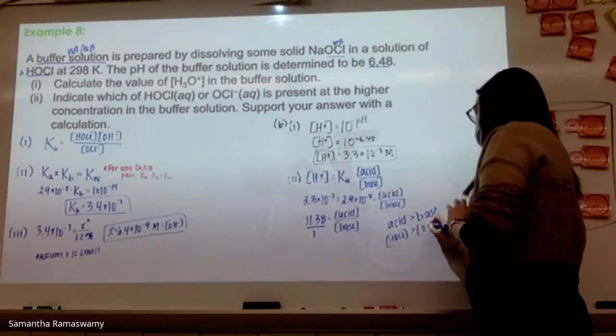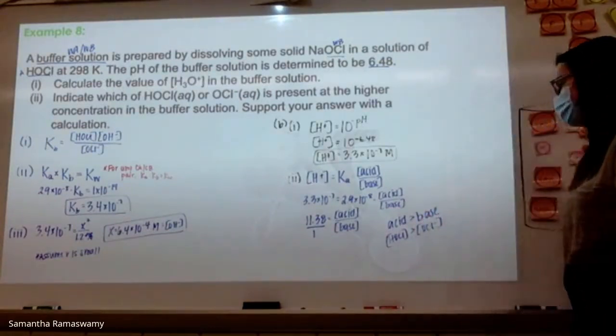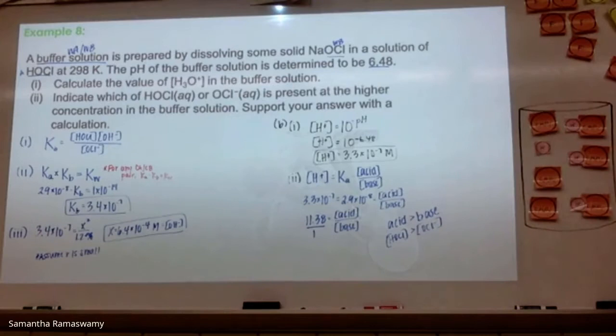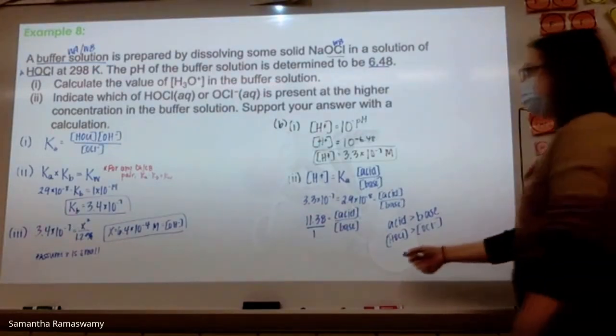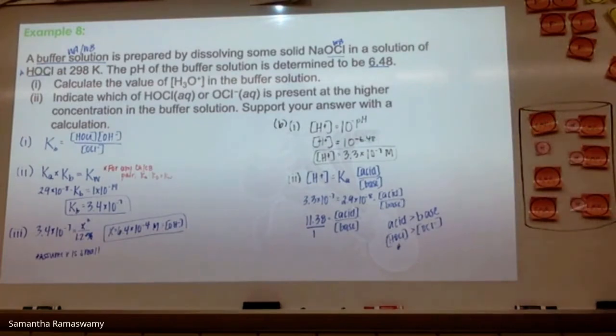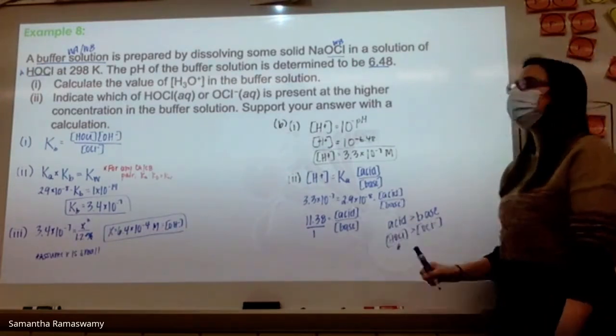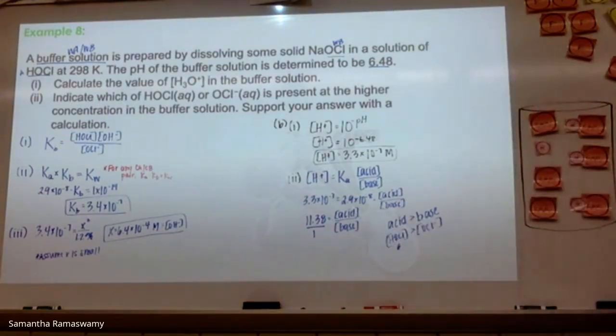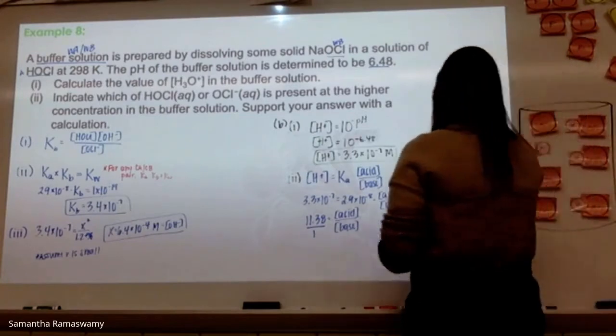And then support our answer with a calculation. We did that here. Now another thing we could do is compare pH to pKa, which is another way that we looked at yesterday. Would they count this as a calculation?